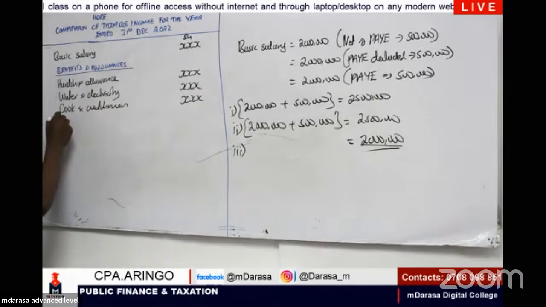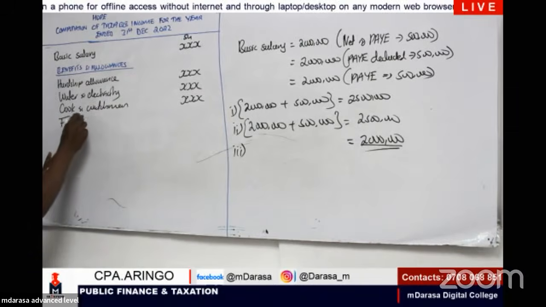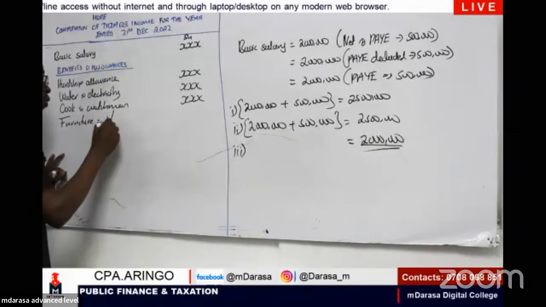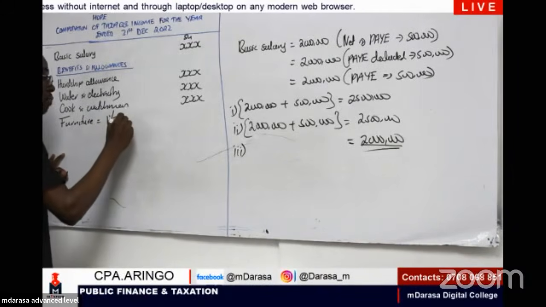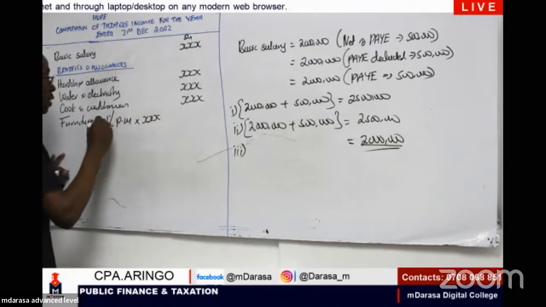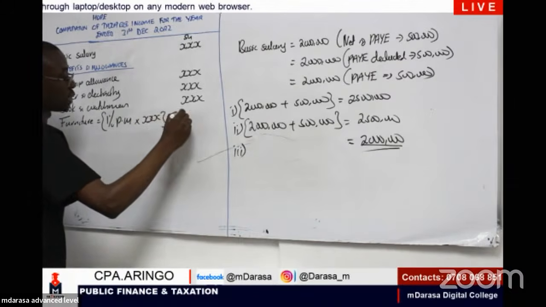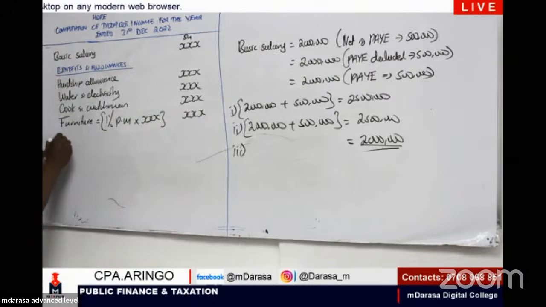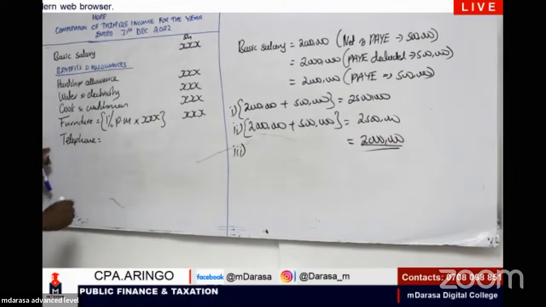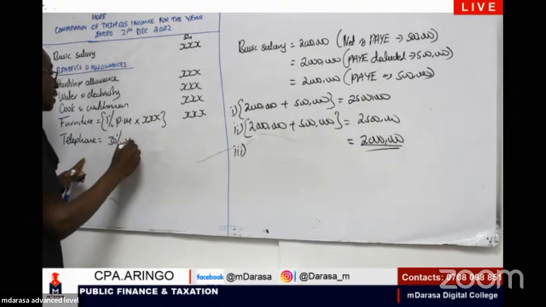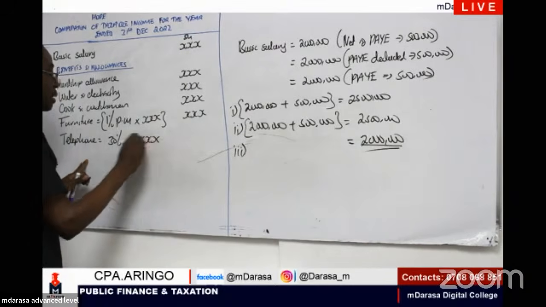Maybe I'm having furniture. Furniture, we said, we take 1% per month times the cost of the furniture. We put it there. Telephone, we said we'll be having 30% times the telephone bill.